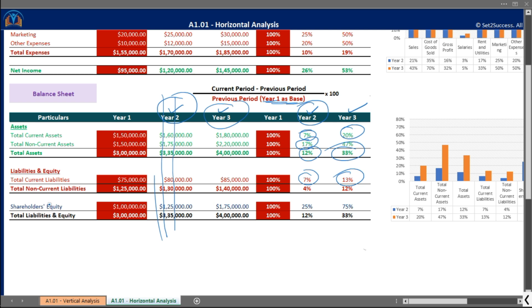For shareholders equity, we have 175,000 minus 100,000 by 100,000 into 100, you are going to get 25%. So we have taken this formula and converted the balance sheet into percentages, and year 1 is taken as the base year.